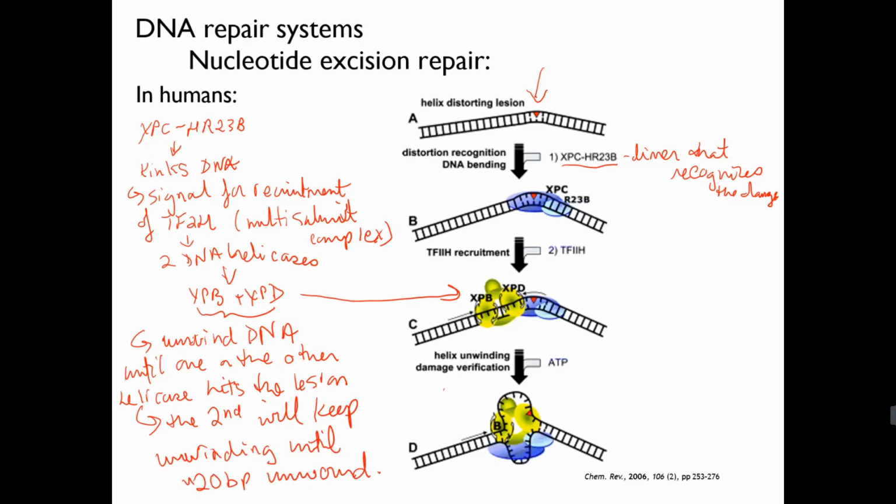And that's depicted in figure C of the schematic. So now we have a scenario where our lesion is extruded as a single-stranded DNA loop and is now dissociated from the non-lesion containing strand.